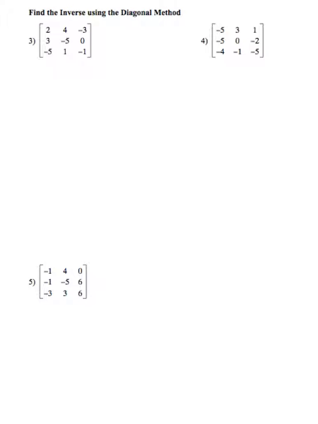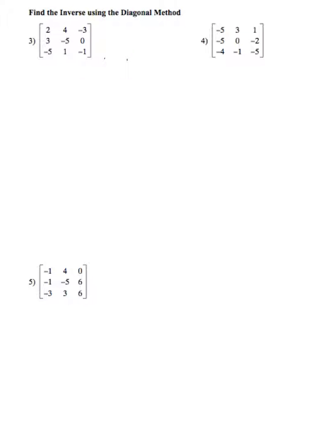The bigger deal was these 3 by 3s that took so long. They're still going to take a while, but I'm going to show an easier way to get the determinant. For these, we had to do 1 over the determinant, and then multiply that times this adjoint. First of all, let's just get the determinant.